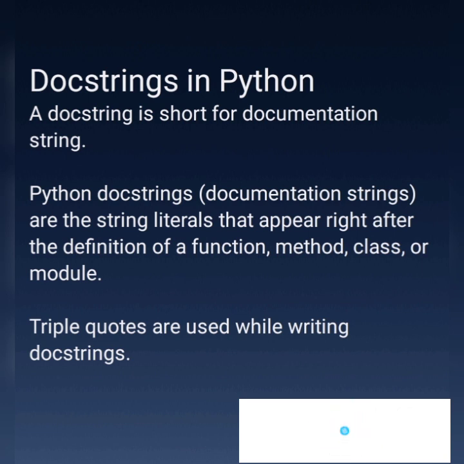Triple quotes are used while writing these docstrings. This separates docstrings from multi-line comments that also use triple quotes. In docstrings, we associate the string with the object through the dot doc attribute.